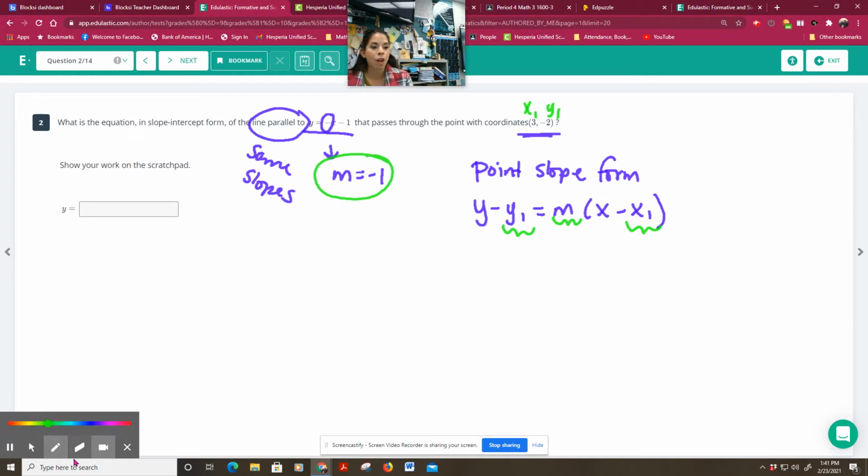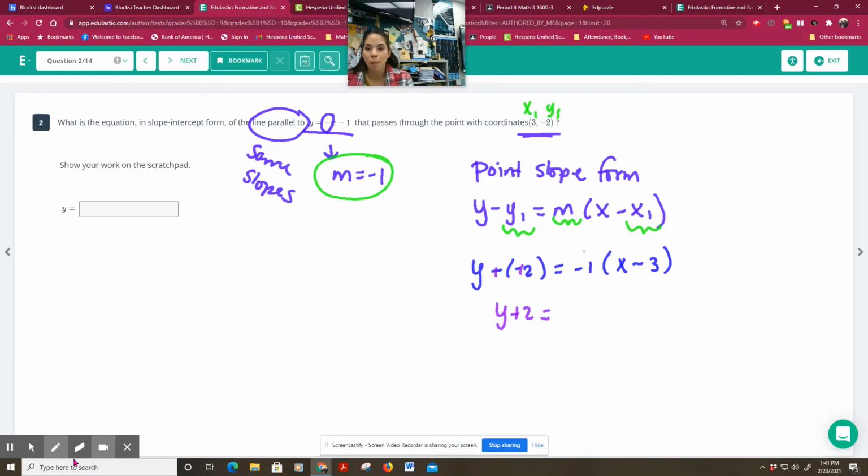Okay, so when we write this, it'll be y minus the y1 is a -2 equals m is -1 times x minus the x1 is a 3. Okay, I have a double negative here. I'm going to switch it to a positive, so that'll be y plus 2 equals, I'm going to go ahead and distribute that -1, so that would be -1x plus 3.